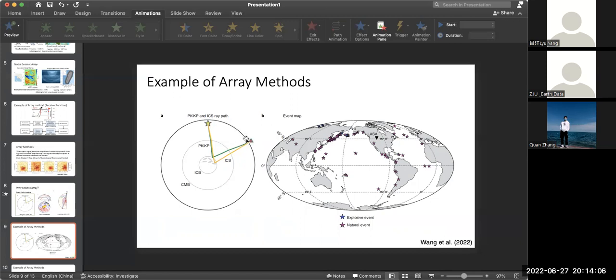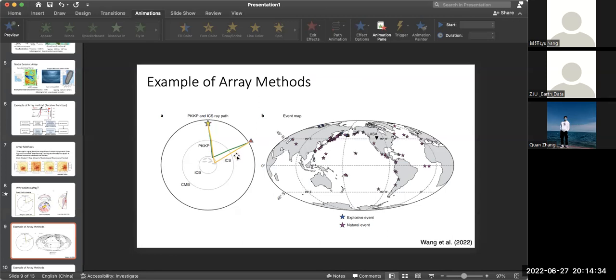If there's a scatterer inside the inner core, deeper than the inner core boundary, the travel time will increase. In the figure, we can see that the yellow line is longer than the green one.